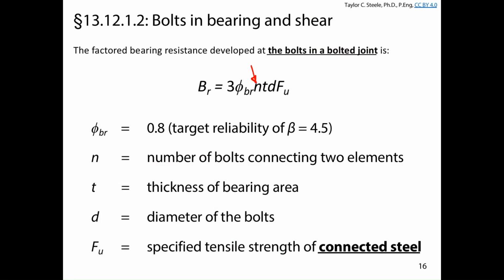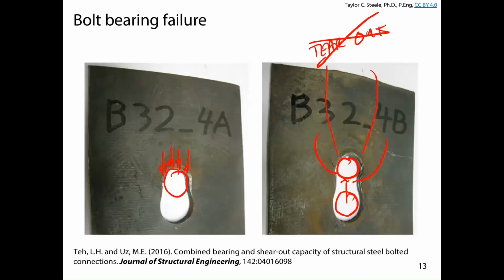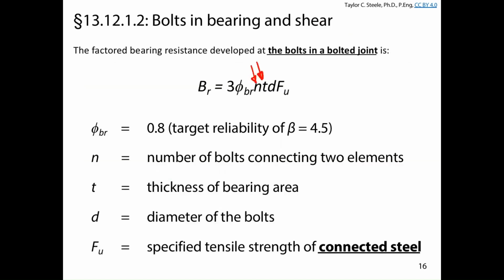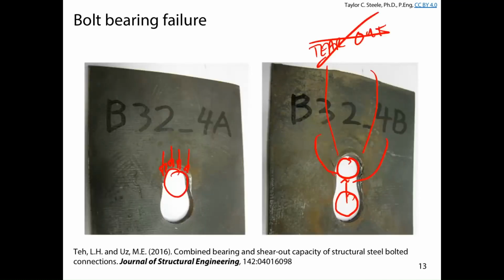There's a reduced bearing stress at each of the contact areas. It's proportional to the thickness of the plate, which makes sense because that's the thickness of the plate that's actually carrying that bearing stress. We've got the diameter of the bolt, which makes sense because the contact area, if you make it over the width of the bolt, is basically proportional to the diameter of the bolt times the thickness, right?